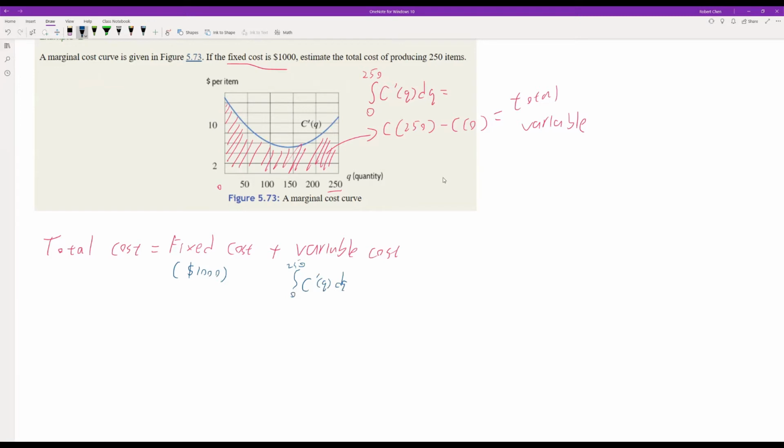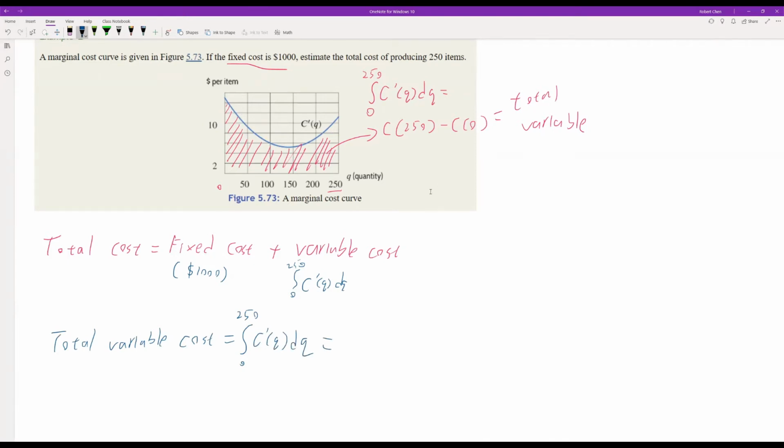All we need to do is figure out what this integral is. So total variable cost is equal to the definite integral of C prime of Q from 0 to 250.